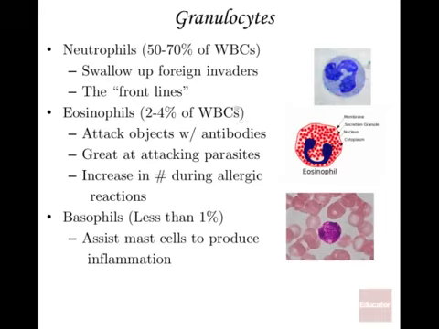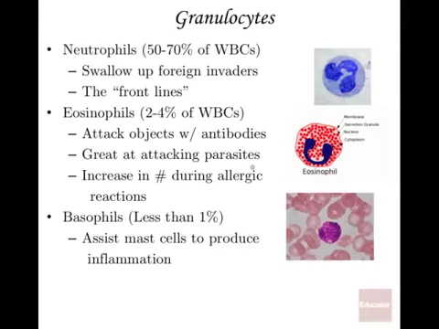Eosinophils, a lot less, 2 to 4% of white blood cells. They attack objects with antibodies. So if antibodies, these globular proteins, have been attached to a certain bacterium, eosinophils notice it, since it's got antibodies on it like a marker, and they go and eat it up. They're great at attacking parasites.